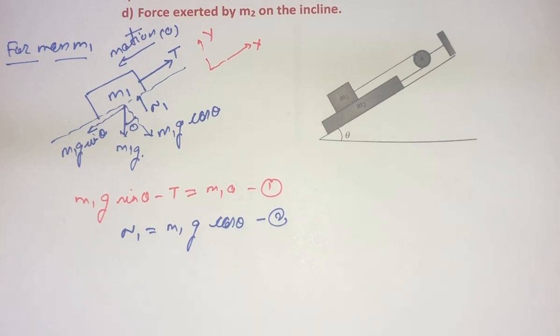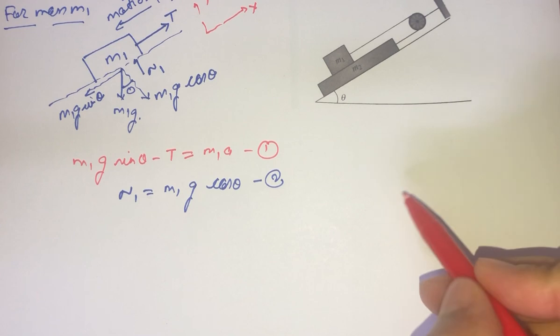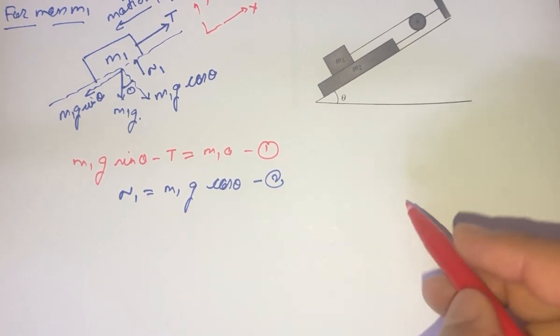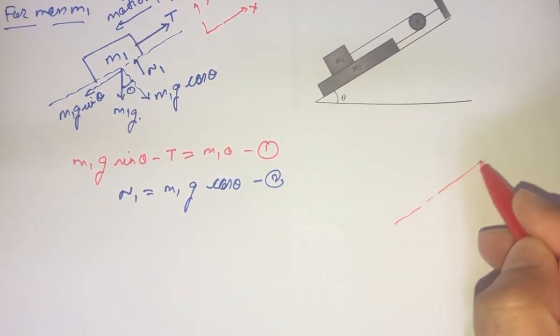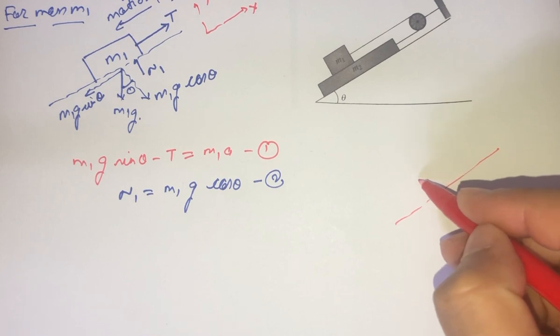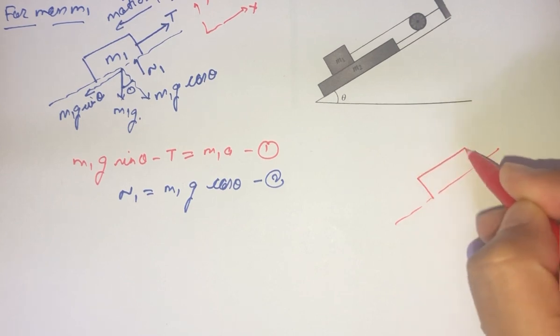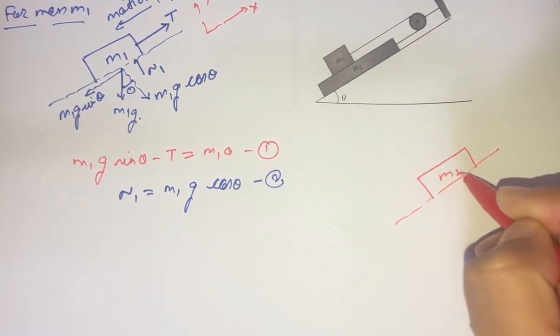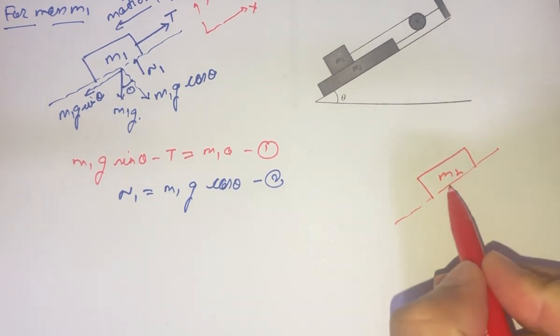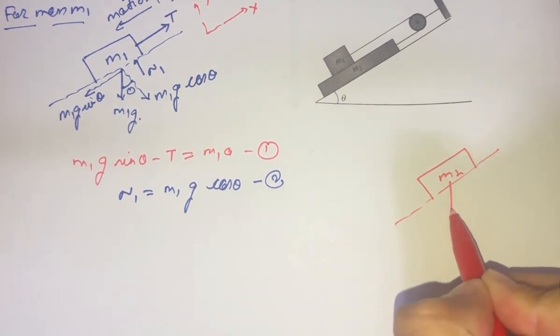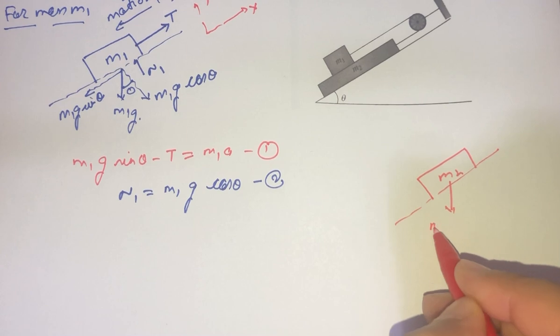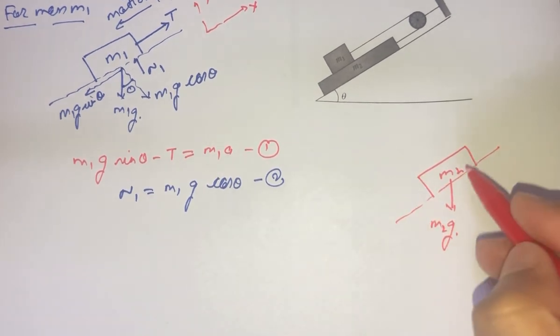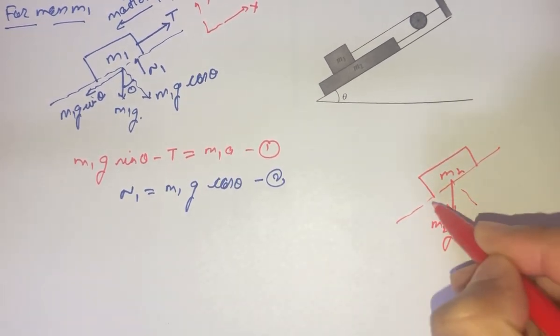Similarly, we can draw for mass m2 also. So this is our mass m2. It will have vertically downward m2g, and it can be divided into two components.